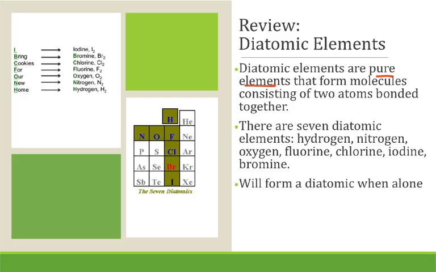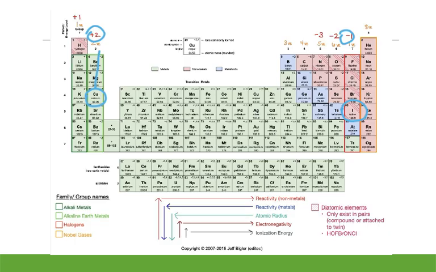There are 7 diatomic elements: hydrogen, nitrogen, oxygen, fluorine, chlorine, bromine, and iodine. And they will form those diatomics if they are alone. And we also have those labeled on our periodic table here. Down at the bottom is that kind of key, our diatomic elements.